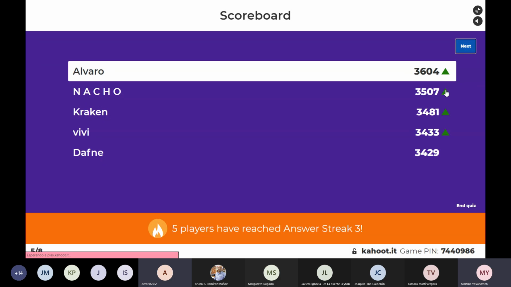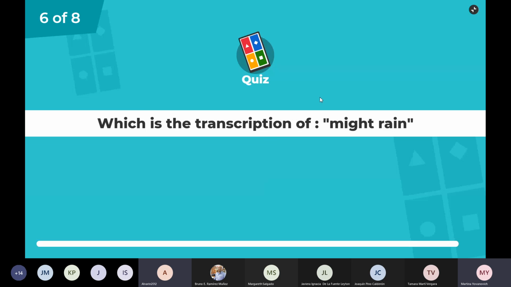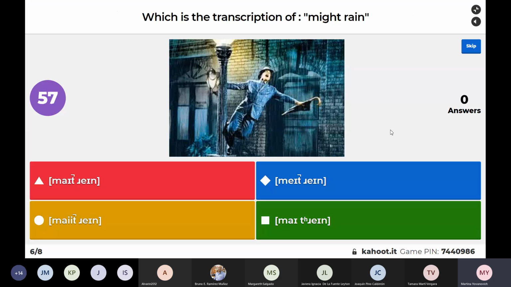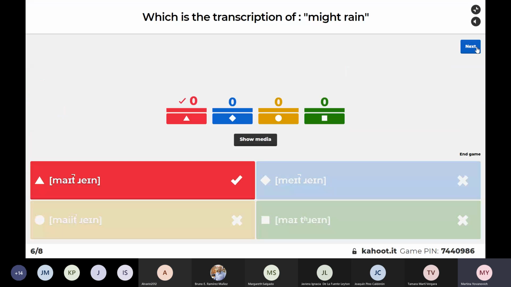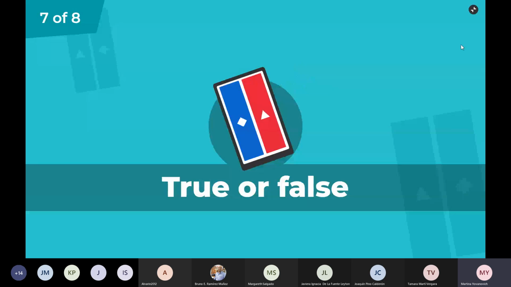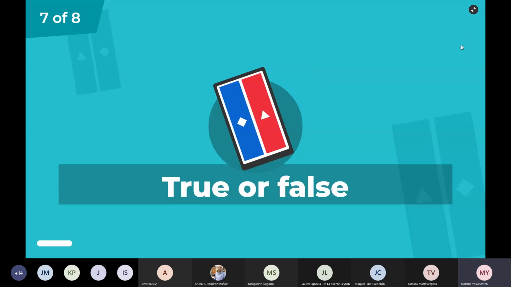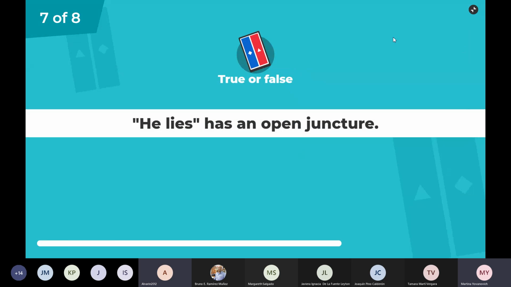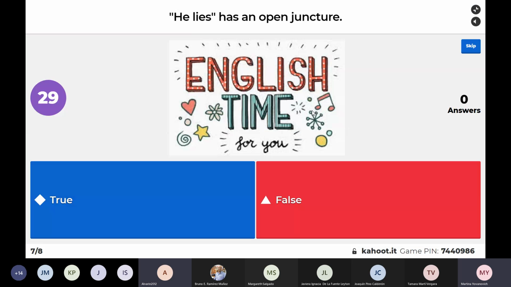The next question. Which is the transcription of might rain? Oh, sorry, my mistake. Double point. True or false? He lies, as an open juncture? True or false?